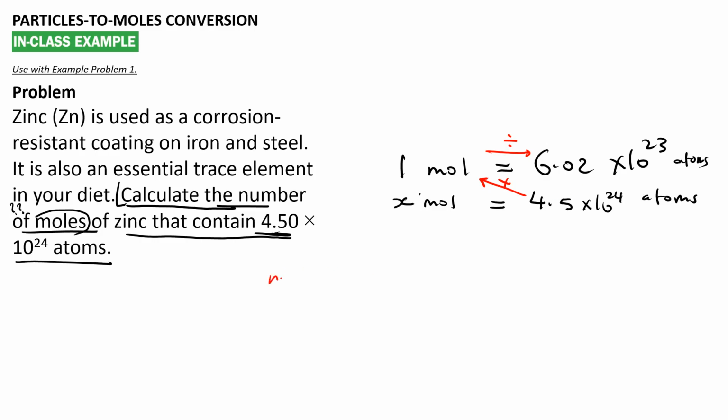Or you can say that moles equals atoms divided by 6.02 times 10 to the power 23, which gives us the same equation.